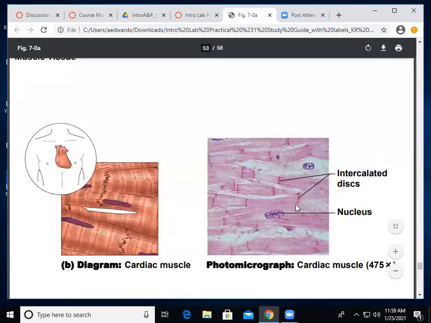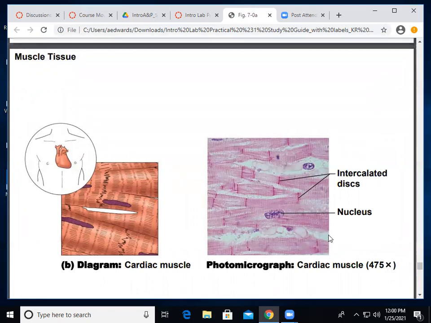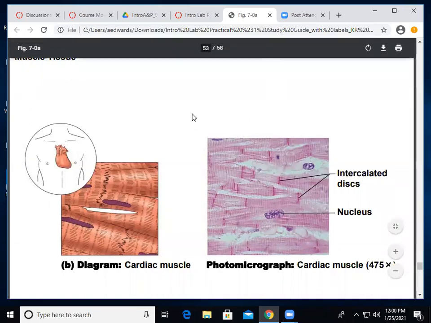Next type of muscle, cardiac muscle. Where do we say we find it? In the heart. What you see in here are these characteristic dark lines. Those are called intercalated discs.